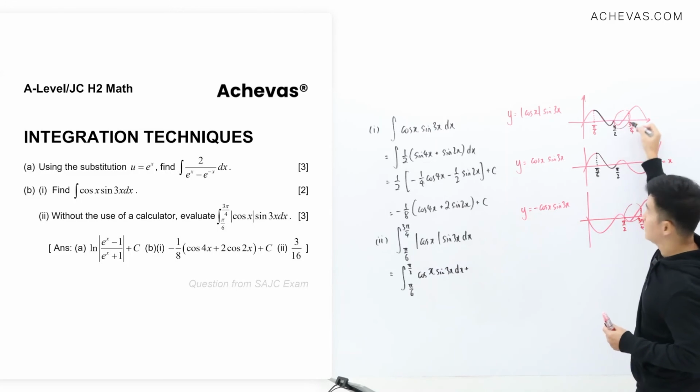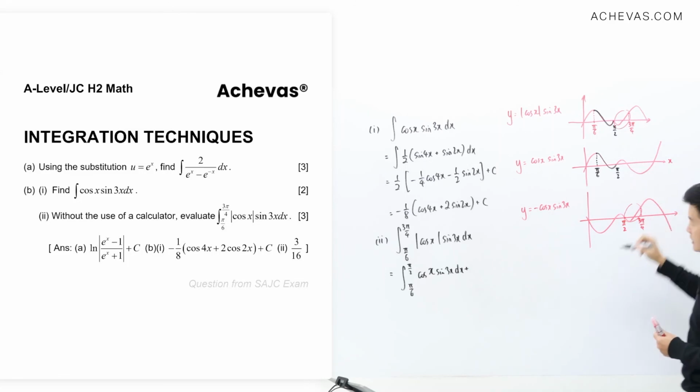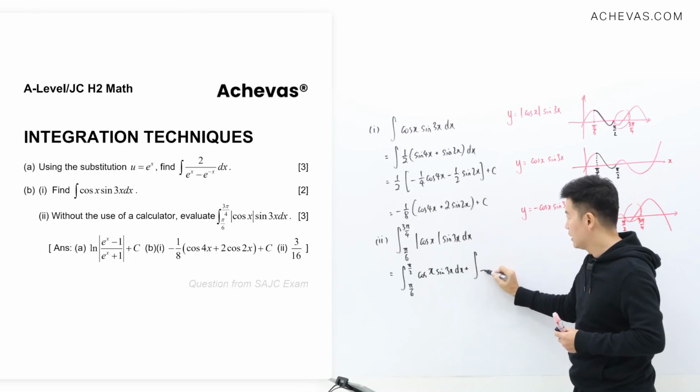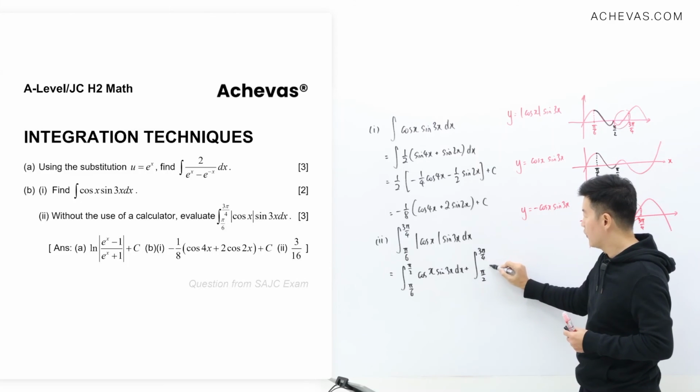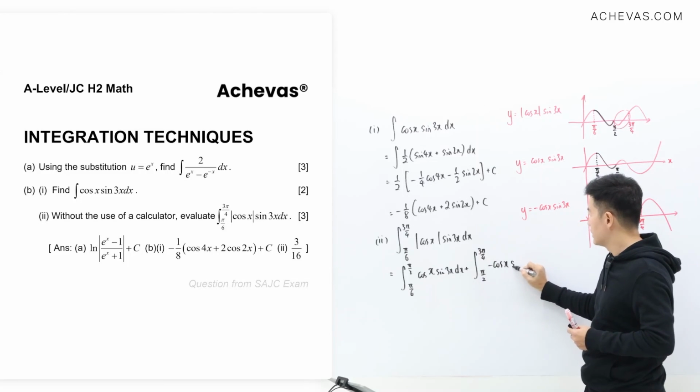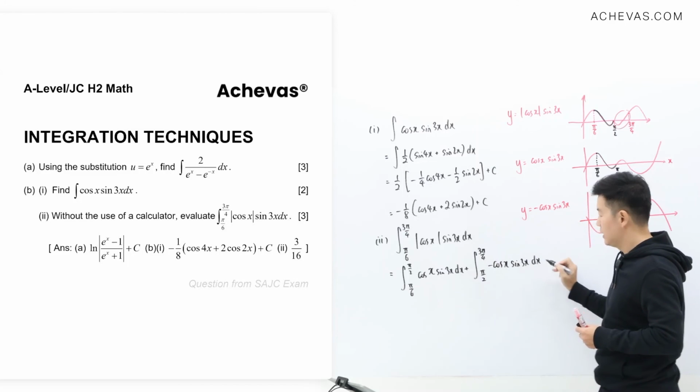Then the later portion can be simulated by integrating from pi over 2 all the way until 3 pi over 4 of minus cosine x sine 3x dx.